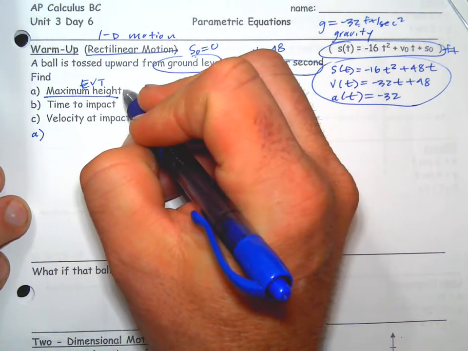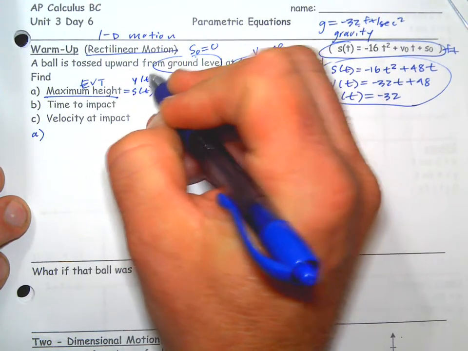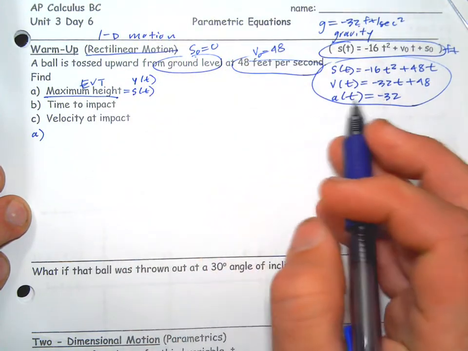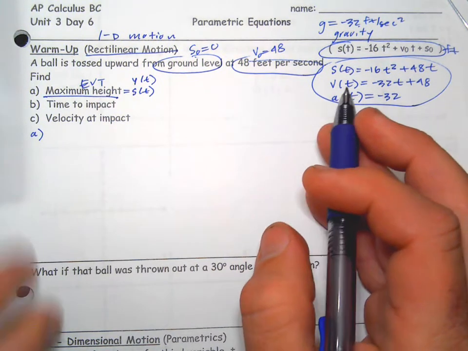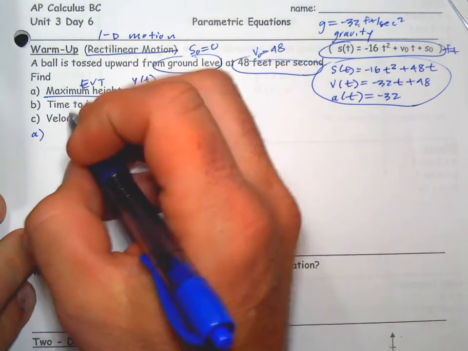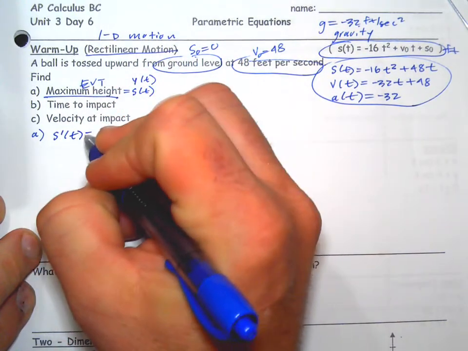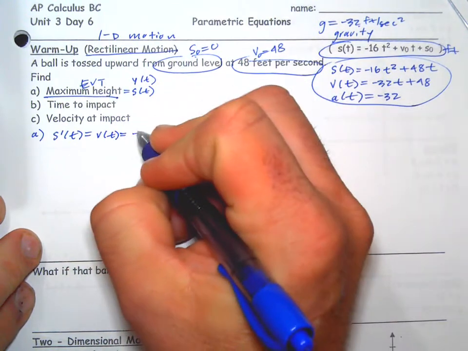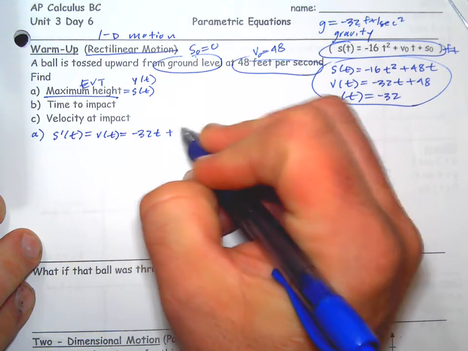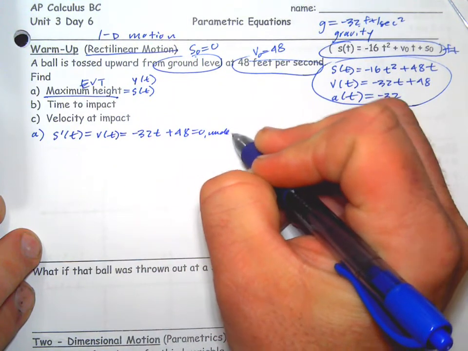Max height is S, or Y would be a common variable for position if it's vertical, up and down position, X if it's horizontal motion. But we need to take the derivative of the thing we're trying to maximize, which, by the way, happens to be velocity. And we found it, negative 32t plus 48. And we're going to set it equal to 0 and find critical points.